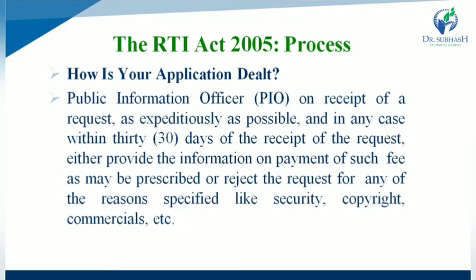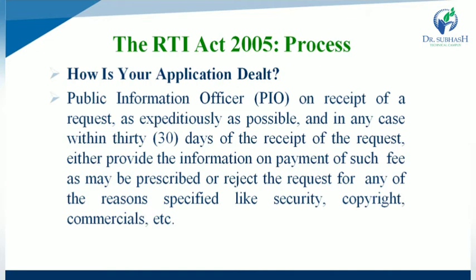Next, what is the RTI Act 2005 process? In the process of the Right to Information Act, the first step is how your application is dealt with, or how the public authority deals with your application.